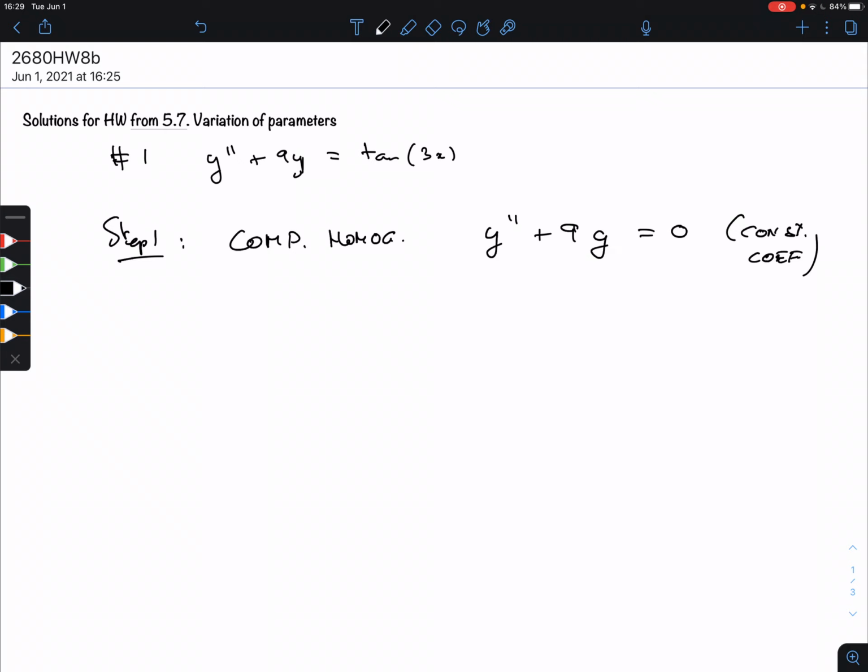Now, it is not of the form in section 5.4 where we had the exponential times a polynomial. This is a trigonometric function, so it gets a little bit messier for that reason. Okay, so step one. Because it's a constant coefficient equation, we look at the characteristic equation, which is t squared plus 9 equals 0.